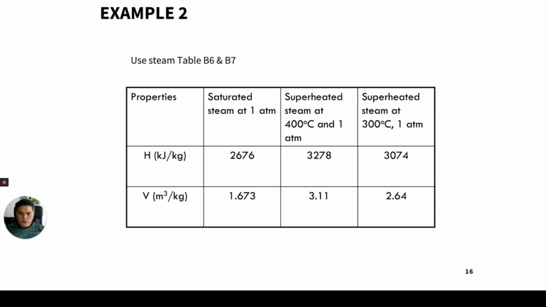However, you can also look at some information from the system. If you go to tables B6 and B7, you will be able to get the specific properties, specific enthalpy and specific volume, of saturated steam at 1 atmosphere.